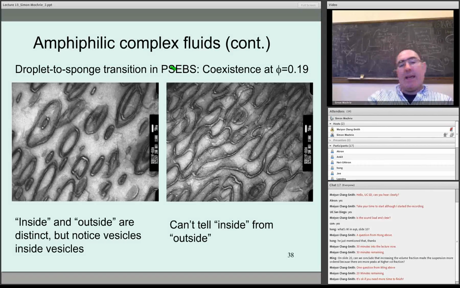In any case, when there's not very much tri-block, these materials form these large vesicles. When you increase the amount of tri-block, they form this so-called sponge phase where you can't tell the inside from the outside. Now, I'm going to just show you some XPCS data from the vesicle phase.